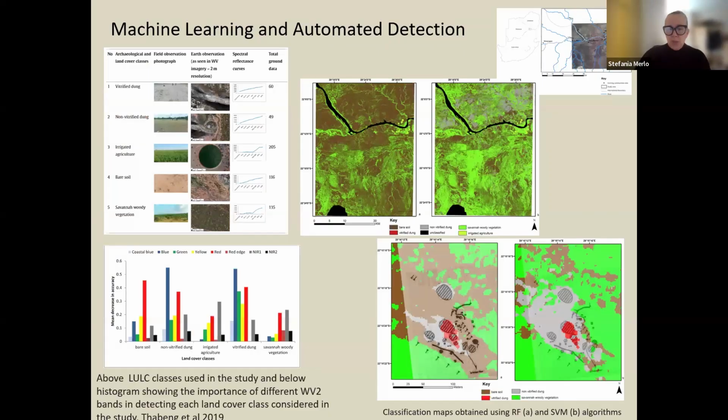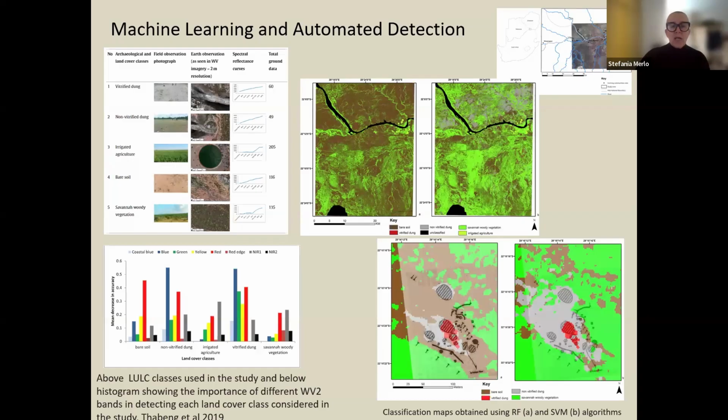Machine learning has also been used in an African context, and this is the pioneering work of Tabeng, the results of his PhD dissertation published in 2019 that looked at the identification of archaeological sites not by the direct remains in terms of architectural remains, but in this case a study that looked at how it is possible to identify vitrified and non-vitrified dung deposits in Southern Africa, specifically in the Shashe-Limpopo.